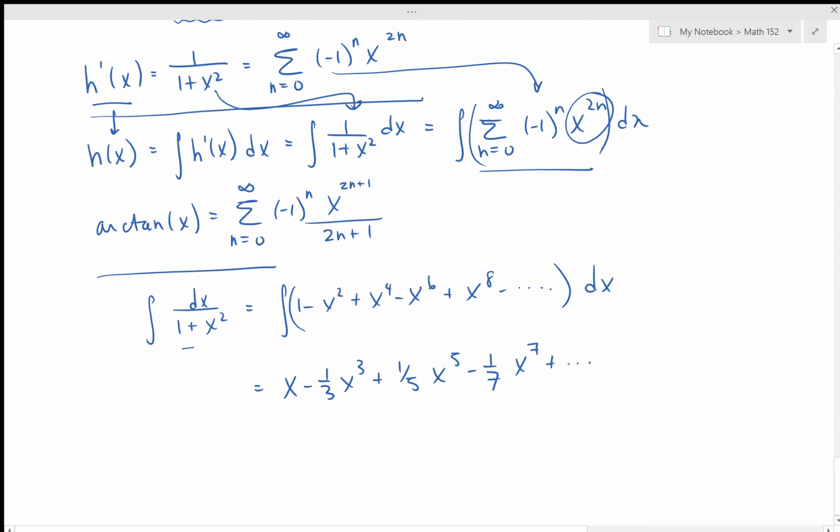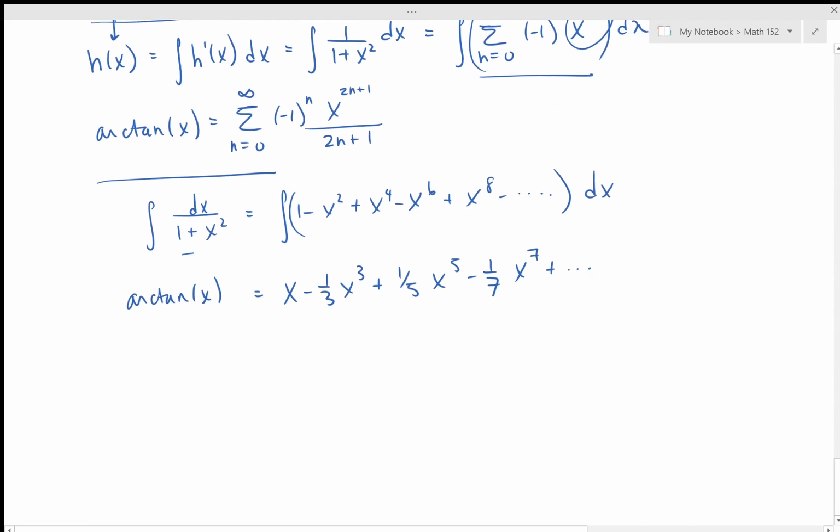And that is my arctangent of x written out term by term. Sometimes I like to write them out term by term because I find it easier to visualize. But this is exactly equivalent, of course, to this guy here. But I'm going to show you something kind of neat when you're looking at this.